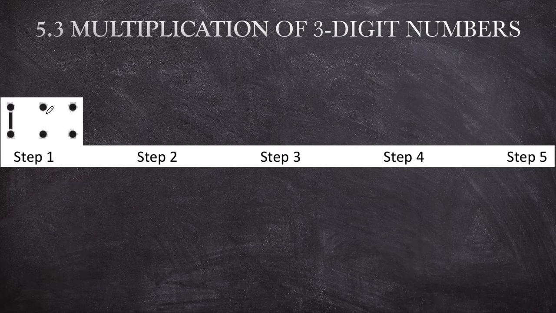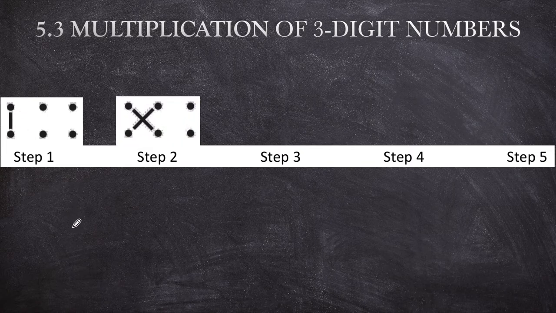If we're going to multiply 3 digit by 3 digit, the first step will be to multiply the hundreds place first. Next, we're going to multiply vertically the hundreds place by the tens place of the other number plus the tens place of the first number multiplied by the hundreds place of the second number. So that's step 2.